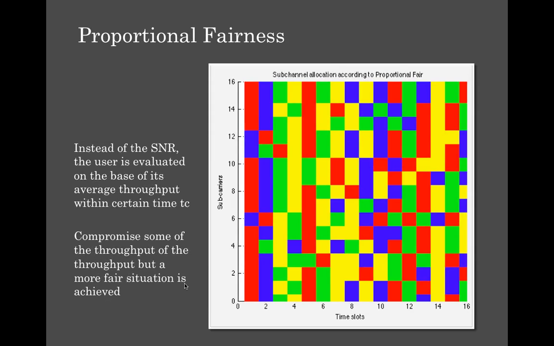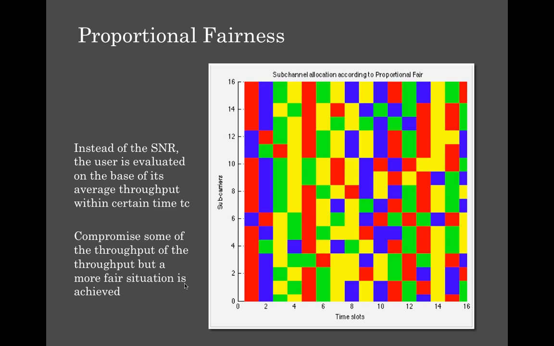The third algorithm I'm going to talk about is called proportional fairness. Instead of evaluating only based on the SNR, the base station allocates the resource to the users based on the average throughput within a certain time TC.